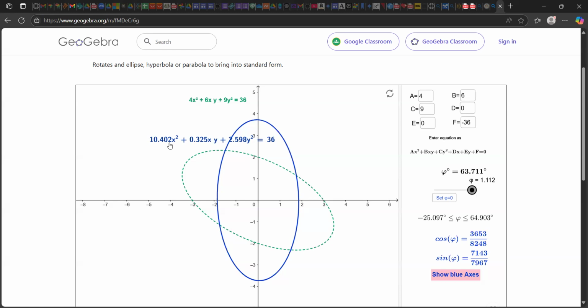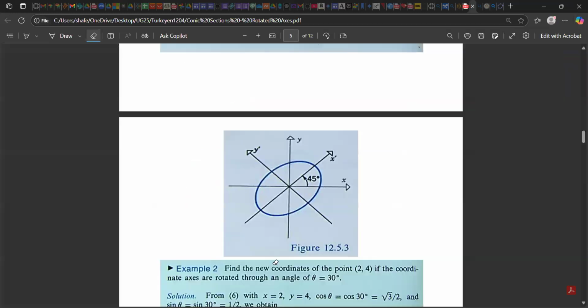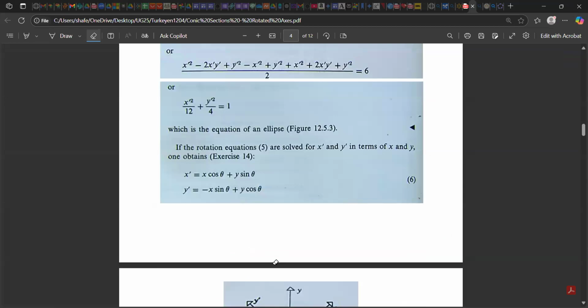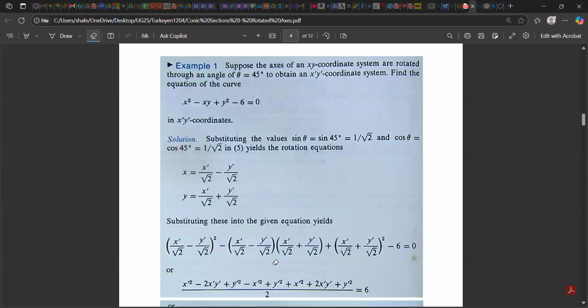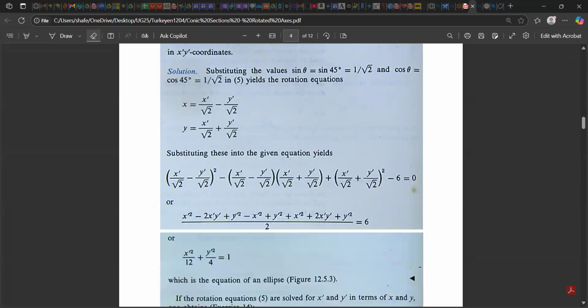Let's try the one we had in the example: x squared minus xy plus y squared minus 6 equals 0, which simplifies to x prime squared over 12 plus y prime squared over 4 equals 1. Let's just see how that behaves.